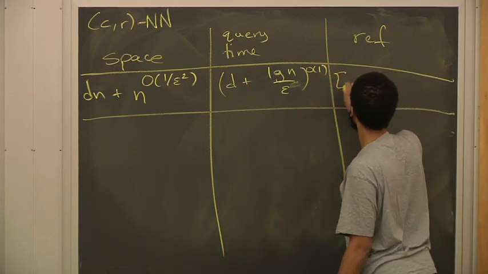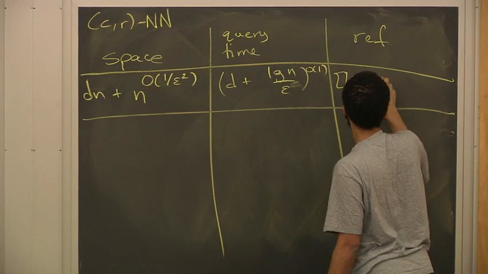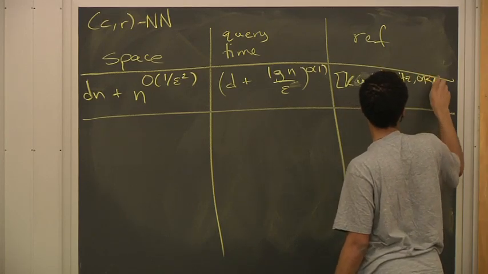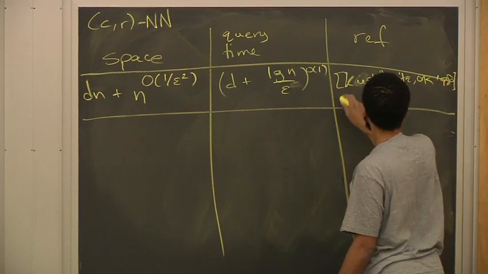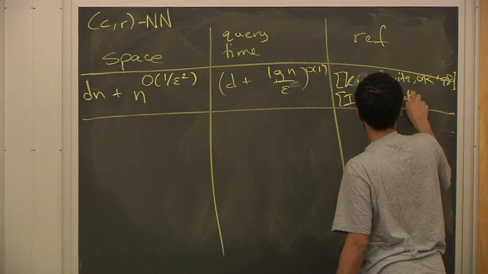So this is Kushilevitz, Ostrovsky, and Rabani, '98. Also Indyk and Motwani, '98.